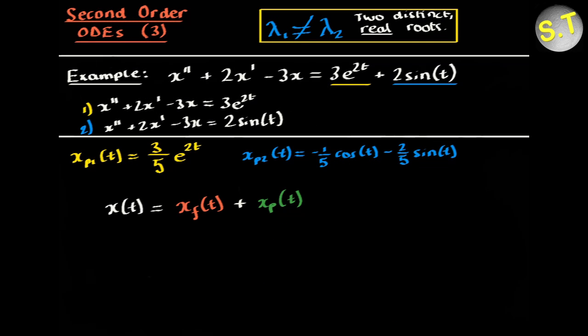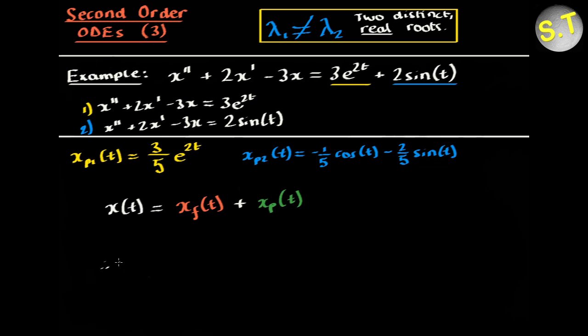Okay, so now that we have both parts of our particular solution, we can finally bring it all together. So our final solution, x of t, is equal to our fundamental solution, which we found in the previous video, plus our particular solution, which we found in this video.